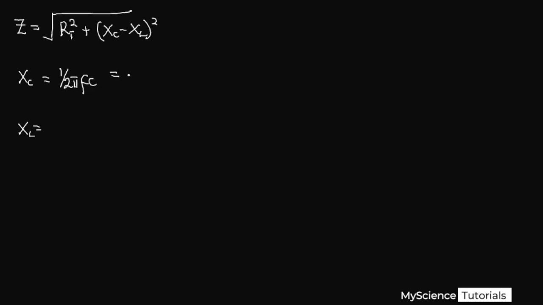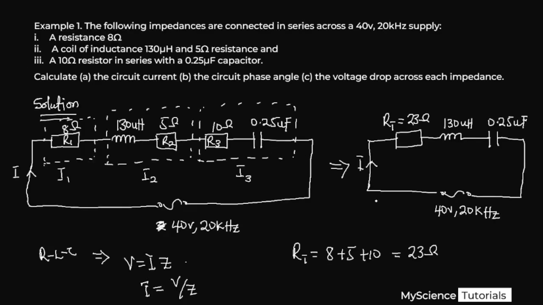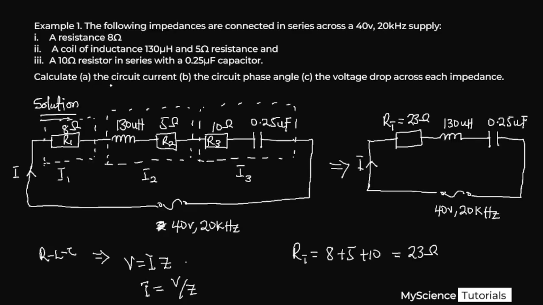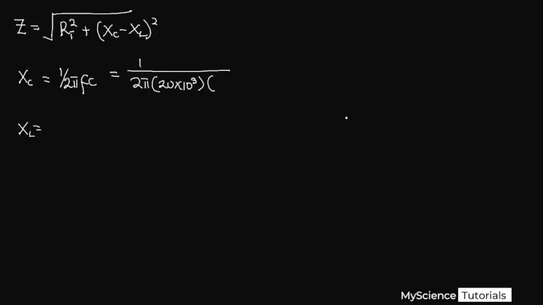This means that our XC is equal to 1 divided by 2 pi multiplied by our frequency given to us in this question, which is 20k, that is 20,000, or 20 times 10 raised to the power 3, then multiplied by the capacitance of the capacitor, in this case 0.25 microfarad, so that will be 0.25 times 10 raised to the power negative 6.